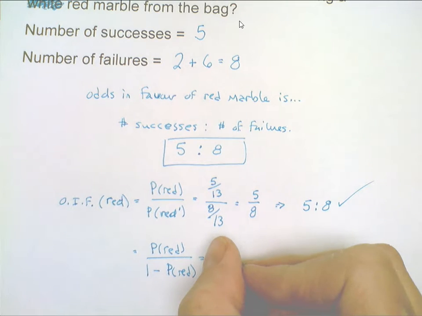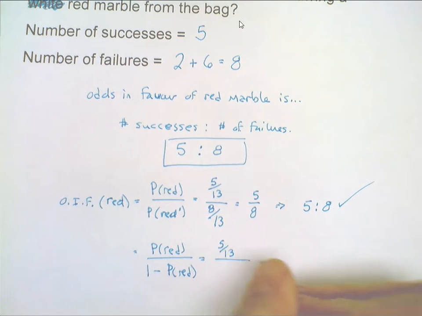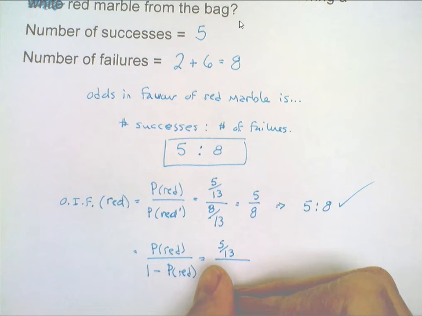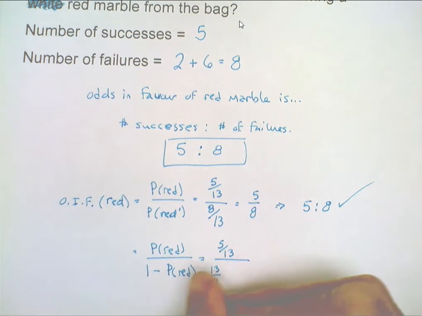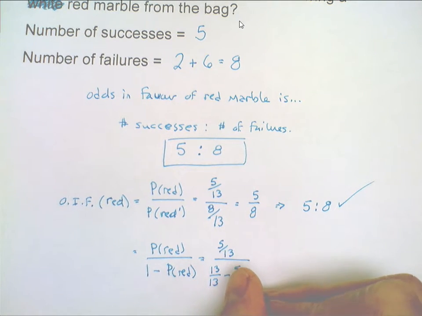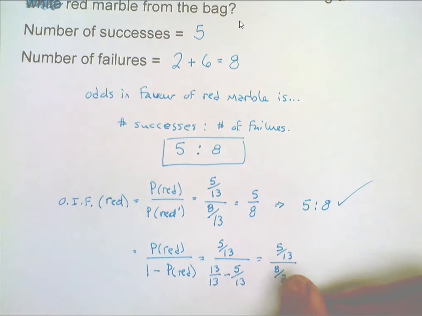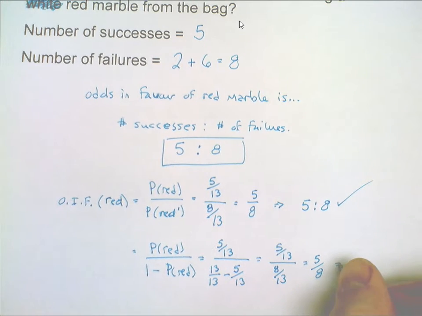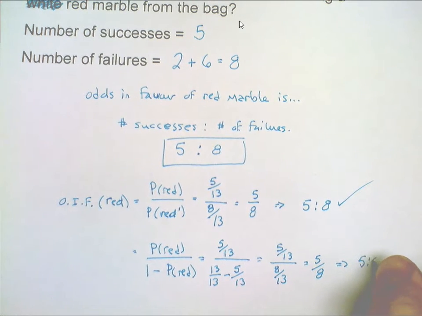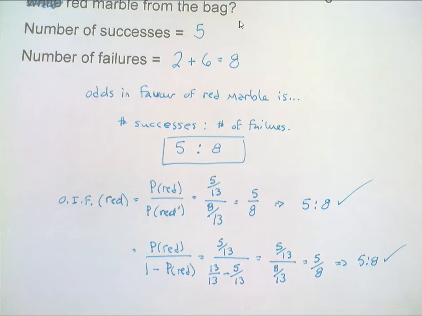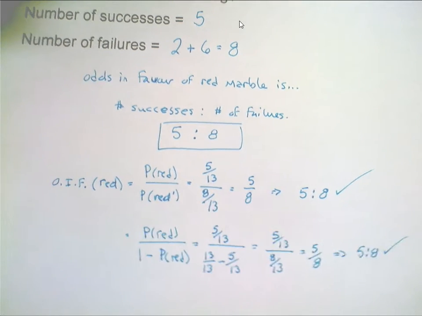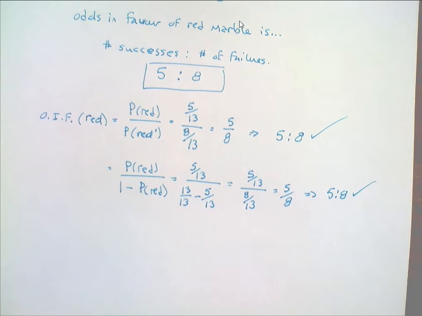So that's 5 over 13. 13 over 13 is 1 minus 5 over 13. Thirteen minus 5 is 8 over 13. 5 to 8, which implies 5 to 8 odds. Exactly the same. So you can see there's multiple ways of getting to the same solution.